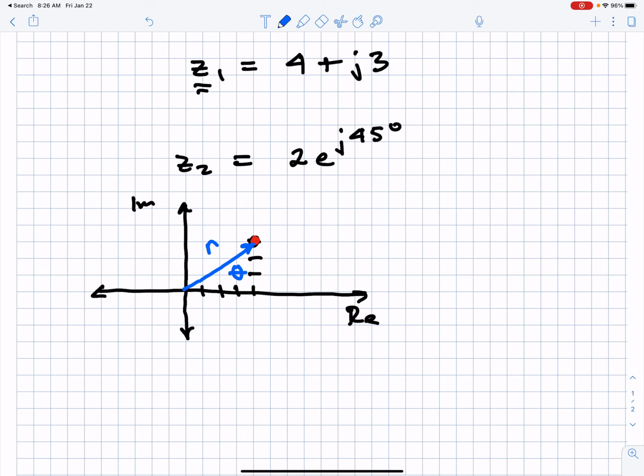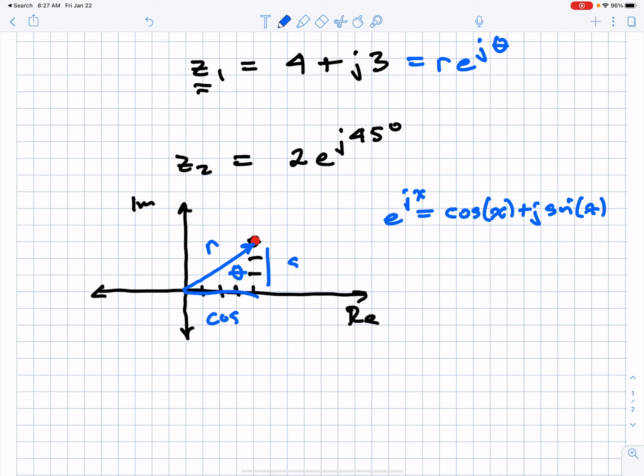So I could represent z1 as r e to the j theta, because e to the jx is cosine of x plus j sine x. If you do the trig on that, here's the cosine part and here's the sine part. So that's the exponential form. It looks like r e to the j theta.